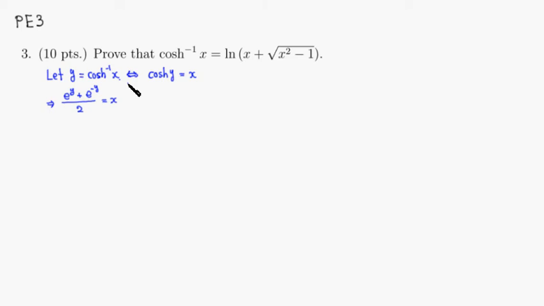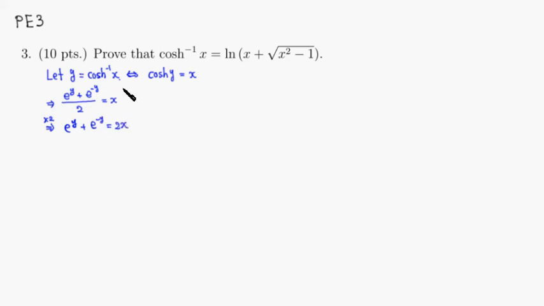Then I'm going to multiply both sides by 2, so you have e to the y plus e to the negative y is equal to 2x.